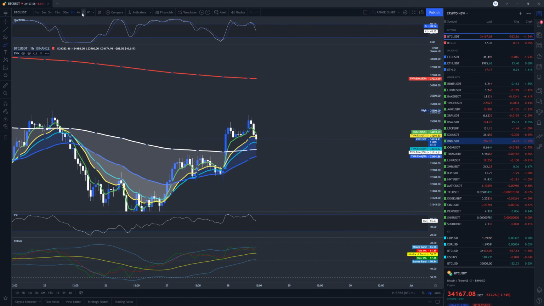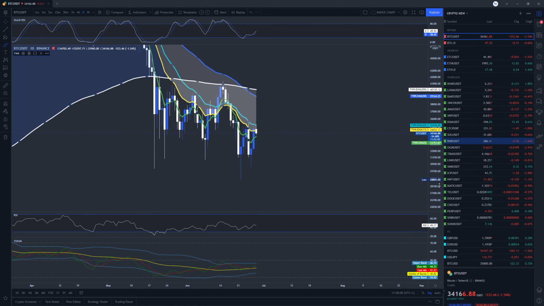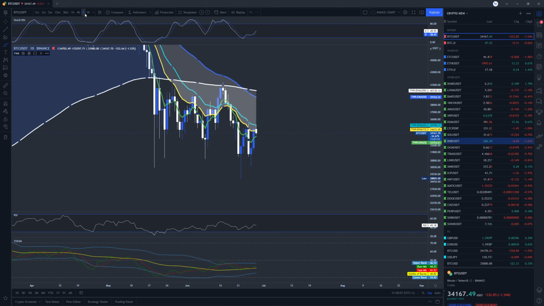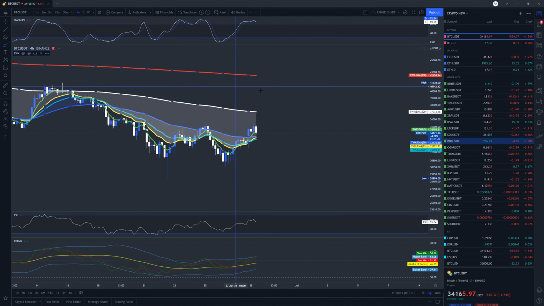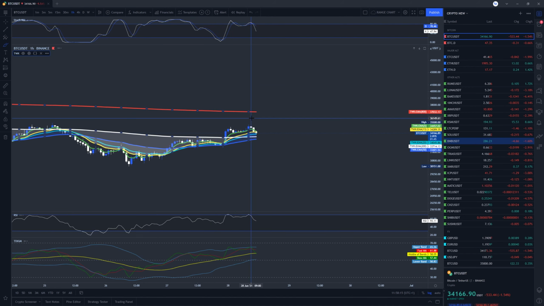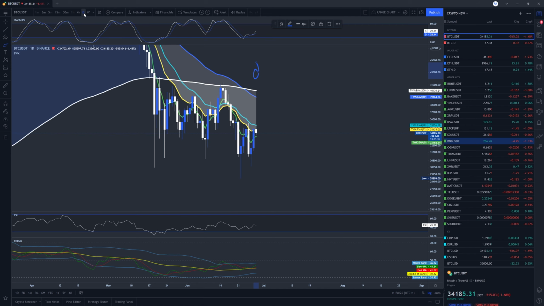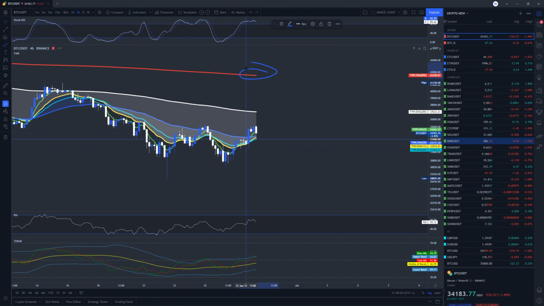The 800-day is nice because the 800-day on the hourly is the... no, sorry, it's not on that time frame. It's this time frame. Apologies. So the 800-day moving average on the 1 hour is the 200-day moving average on the 4 hour, and the 800 moving average on the 4 hour is not on here.